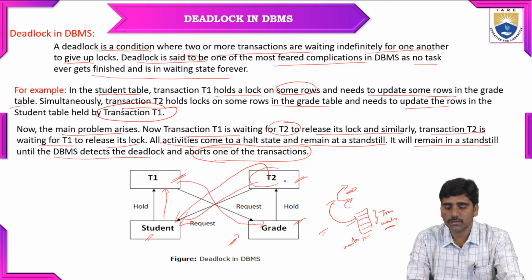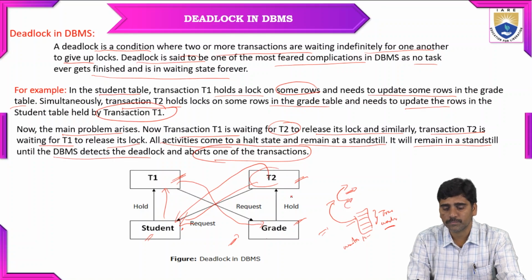Similarly, transaction T2 has to update the student table, and transaction T1 has to release that lock. These two have applied locks on tables, and to update the data they need to release their locks.